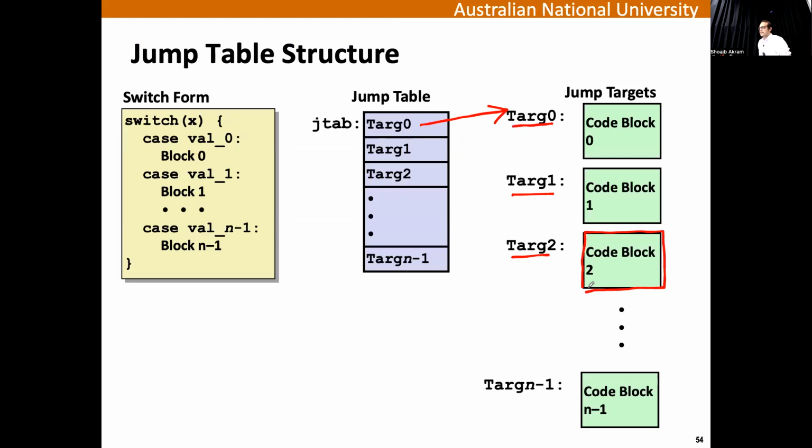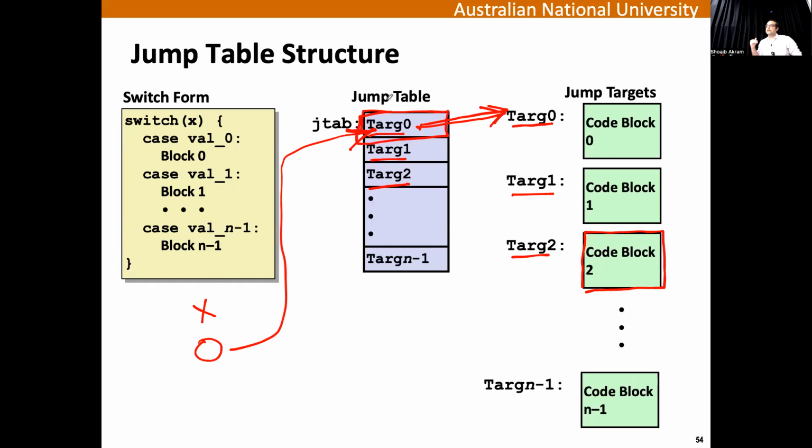So instead of figuring out at runtime using a sequence of if-else statements and branches which code to execute, we are storing all the target addresses of code blocks in a jump table. And then in the code, whenever we see X of a specific value, we will just jump to that code block using the address that is stored in the jump table.